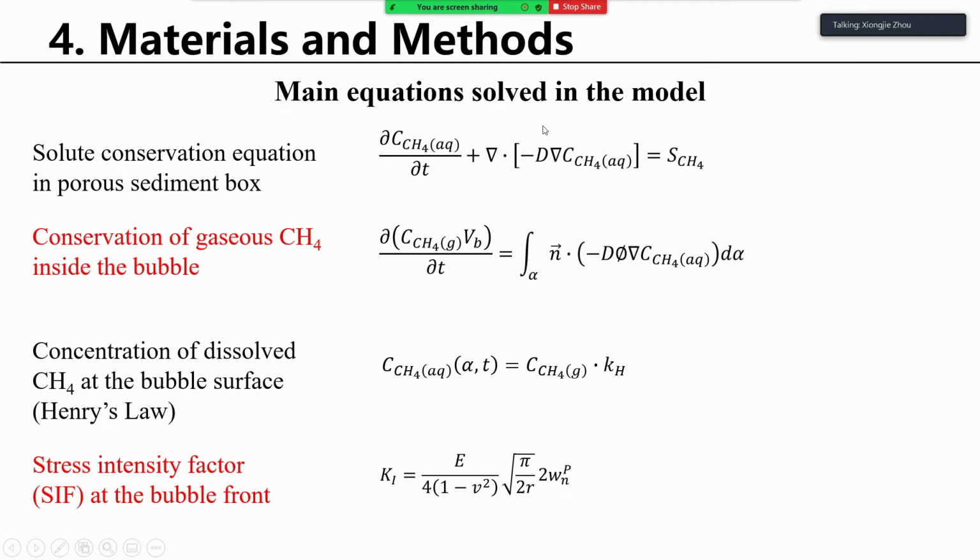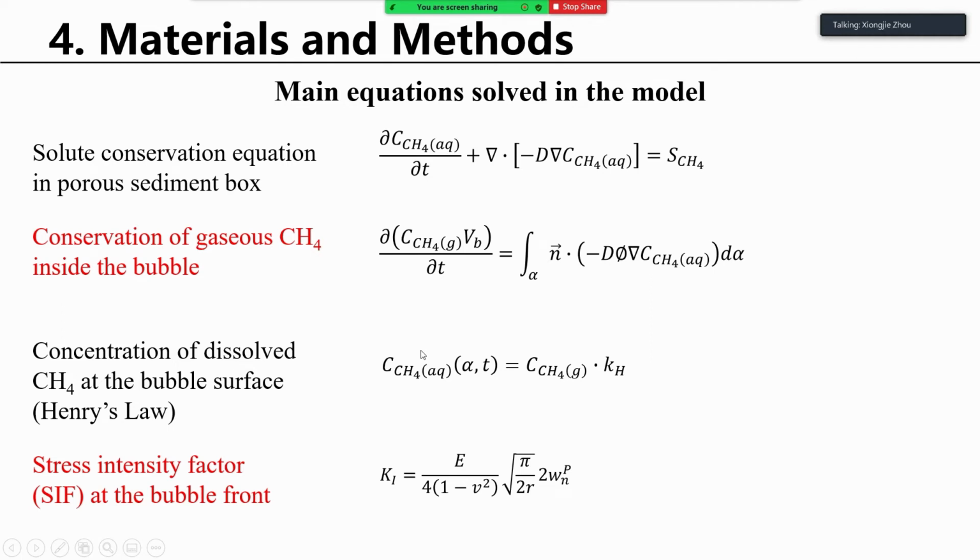The third one is the concentration of dissolved methane at the bubble surface, also called Henry's law, which gives the relation between the concentration of gaseous methane inside the bulb and the dissolved methane at the bubble surface here.